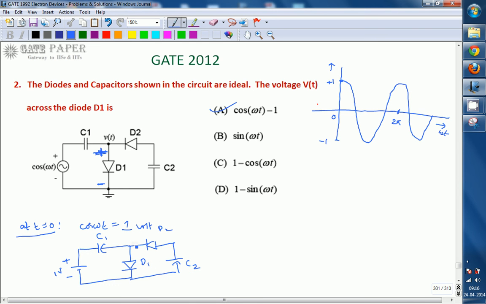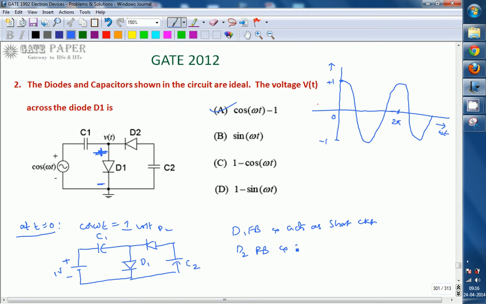For this plus 1 volt at t equal to 0, diode 1 becomes forward biased and acts as a short circuit. Next, diode 2 acts as reverse biased because the 1 volt positive that we are applying is towards the N side, so this diode becomes reverse biased.